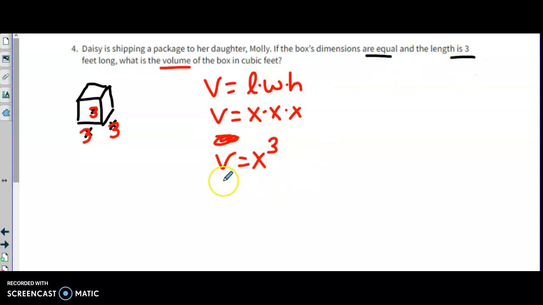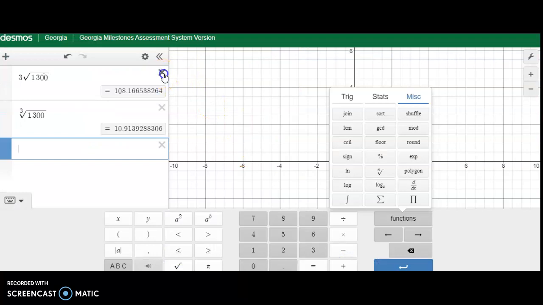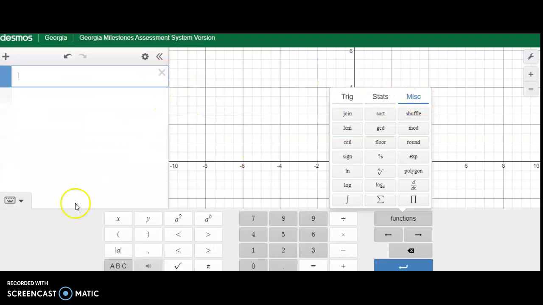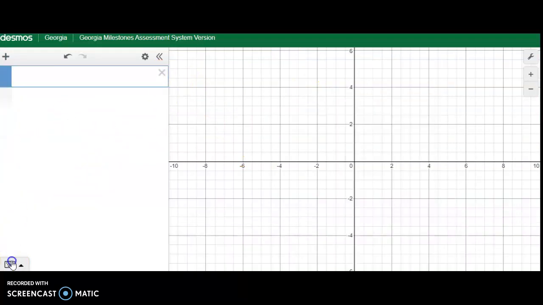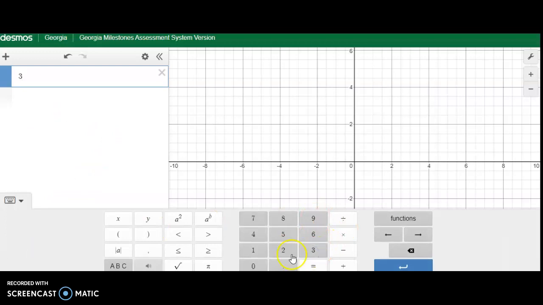And since we know that the length, or the x, is 3, we can go ahead and plug in 3 cubed. And then you can either choose to multiply that out by hand. You could do volume equals 3 times 3 times 3 and get your answer, or you can type it in your calculator. Let's look at that. Clear. Okay, so if you wanted to type in 3 raised to the 3rd power, you can't hit the squared button.